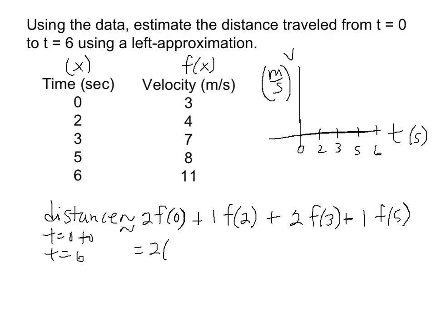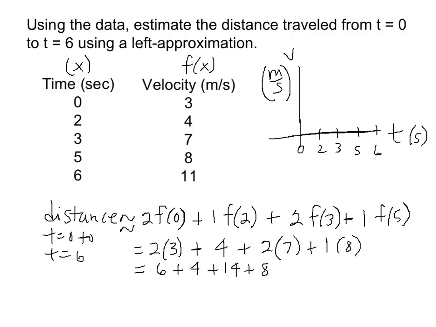Okay, so 2 times f of 0 is 3, and 1 times f of 2 is 4, 2 times f of 3, which is going to be 7, and 1 times f of 5, which is 8. So we're getting about 32, and the question is, what do you get for units?